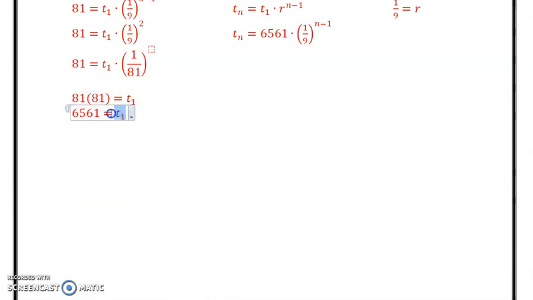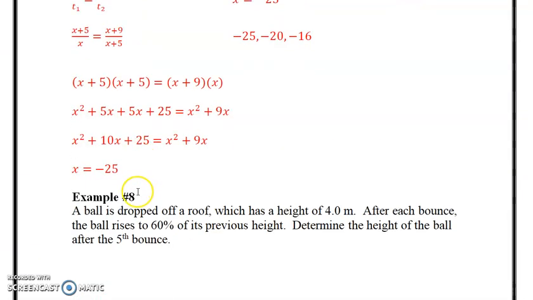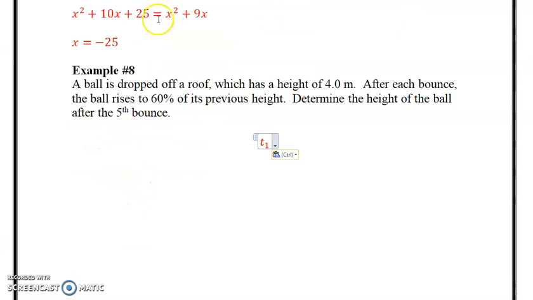I'm going to go back. I'm going to grab T1. All right. T1 is equal to 4 meters. All right. The R value is the 60% of its previous height.